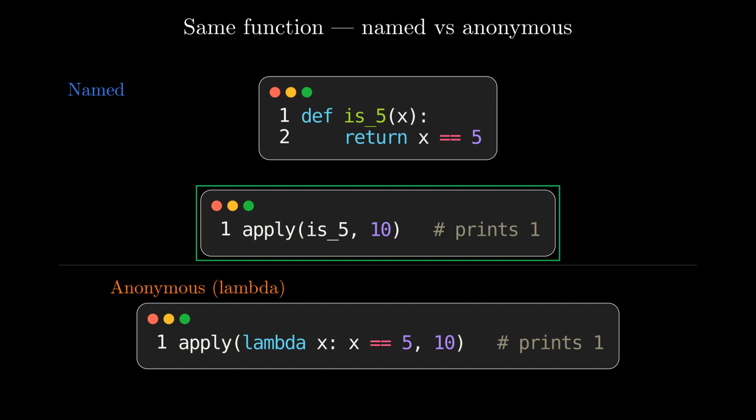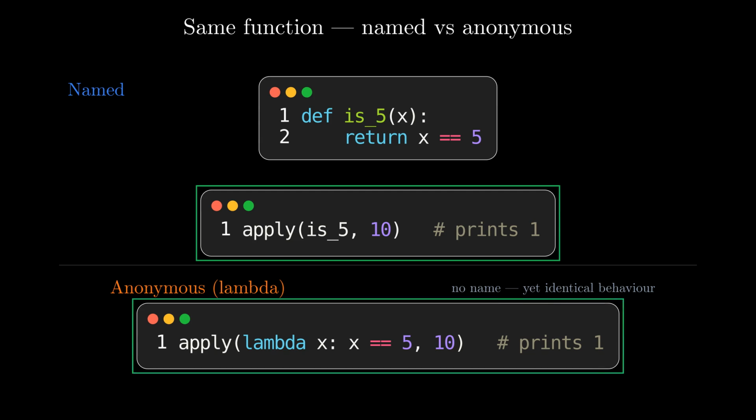Again, lambda signals an anonymous function. Its one input is x, then a colon, then the body x == 5, with no return. There's no name here at all, yet it behaves exactly like the named is5. So when we call apply with this lambda and 10, it also prints 1. The named version and the anonymous version give the identical result.